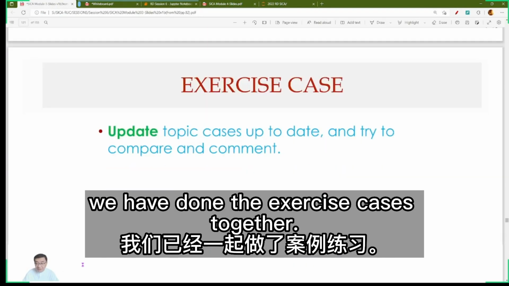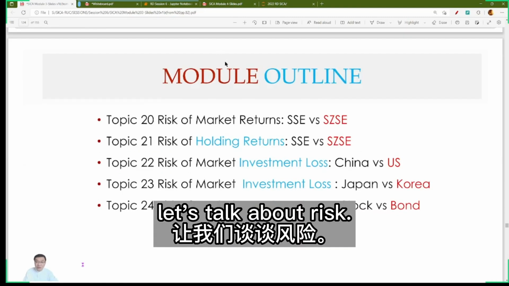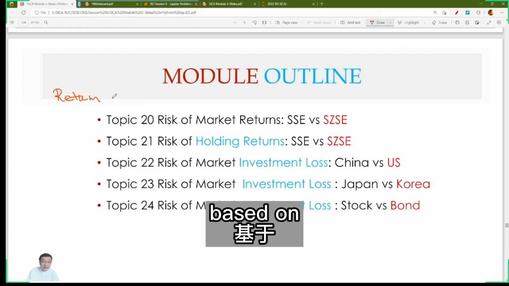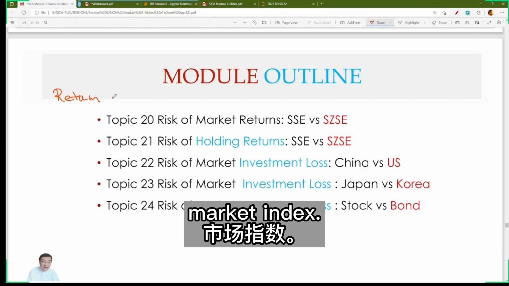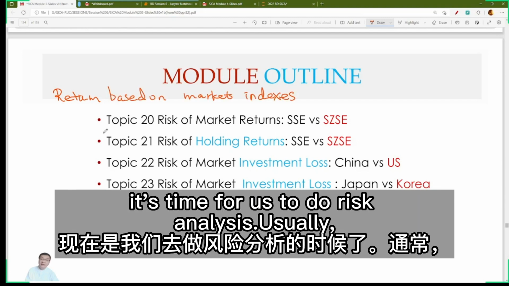We have done the exercise cases together. Now, let's talk about risk. In previous topics, we have talked about the return based on market index. And next, it's time for us to do risk analysis.